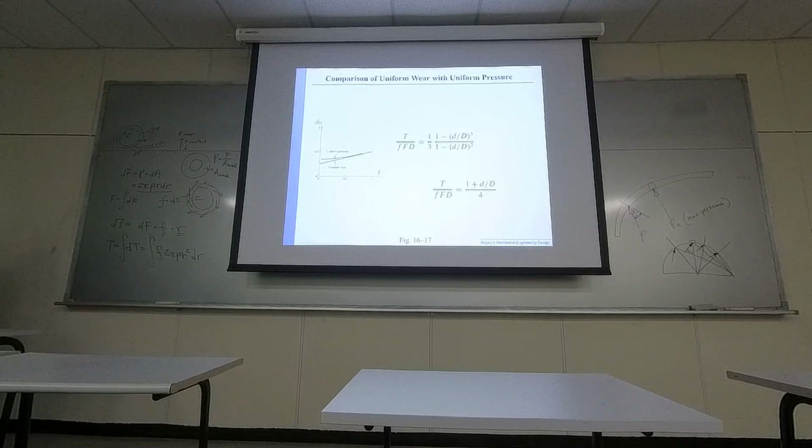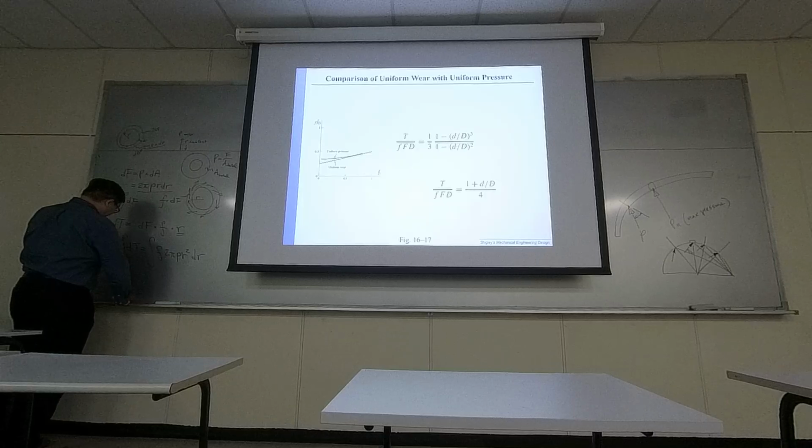It's a normalized parameter, torque over friction coefficient times the force times the outer diameter. And over here you can see when small d is close to capital D, these two models are almost the same.